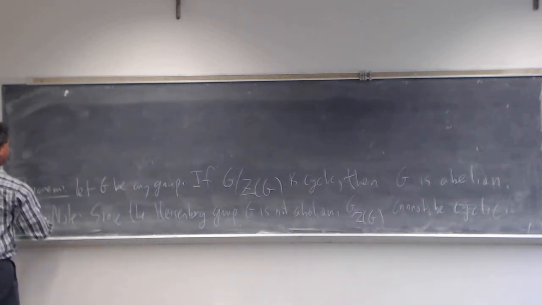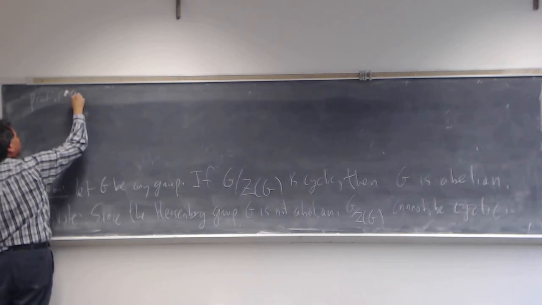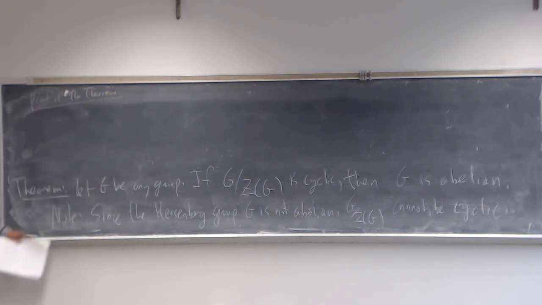So let me attempt to prove the theorem. Again, this remark after the note is not at all part of the proof of the theorem. That's just going to show how that theorem will allow me to say that the Heisenberg group mod the center is not cyclic.